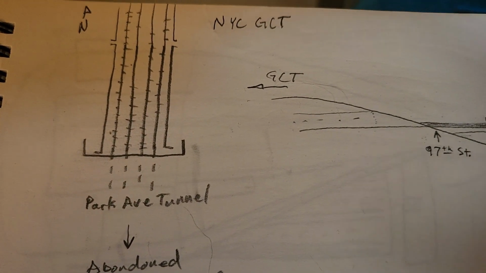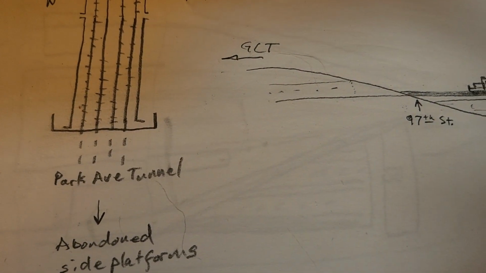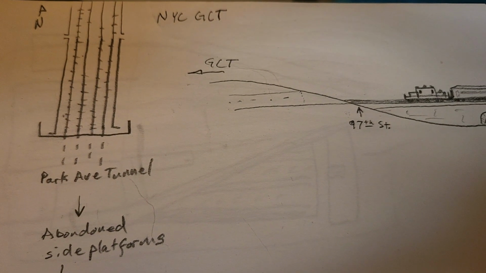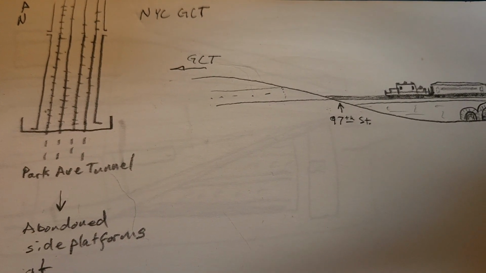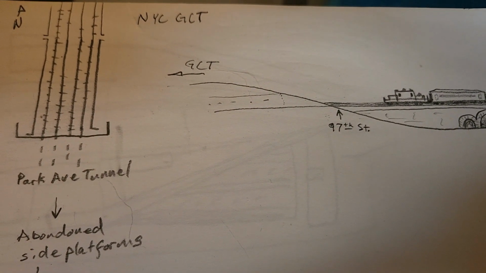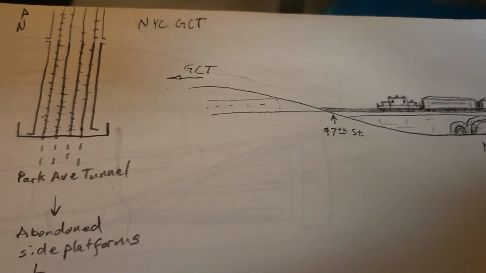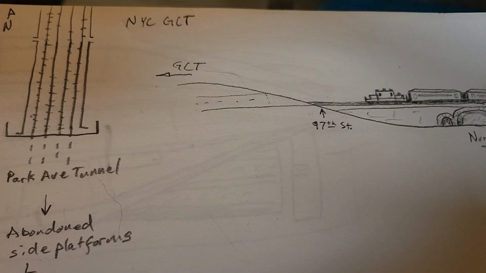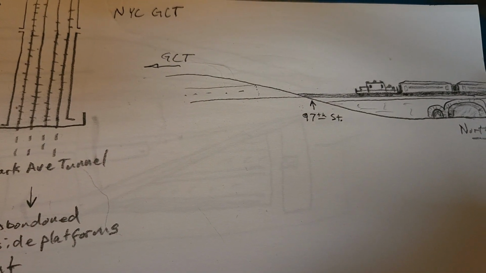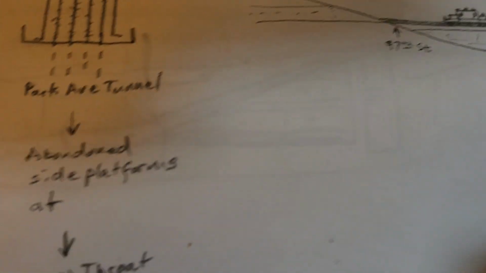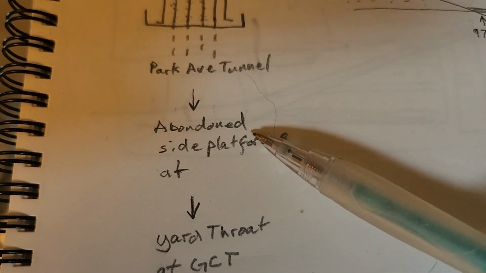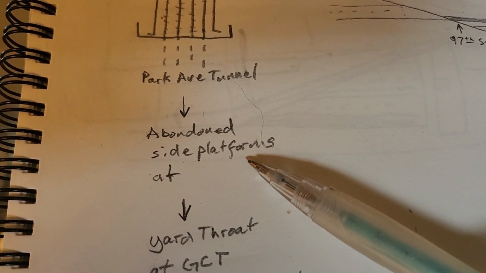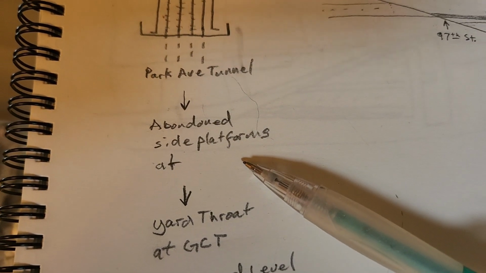So I believe this will probably be a series. This will probably be the beginning, the first episode in a series about how to model Grand Central Terminal because I have grand plans. I have grand plans of showing how I would display Grand Central Terminal so that it's possible for you to see the Park Avenue Tunnel, the abandoned side platforms.